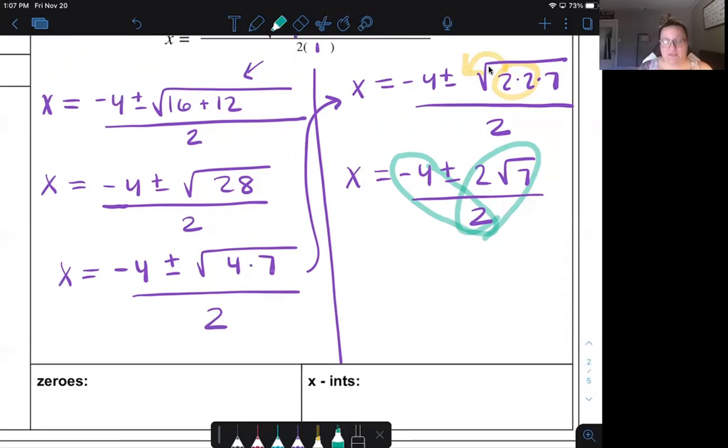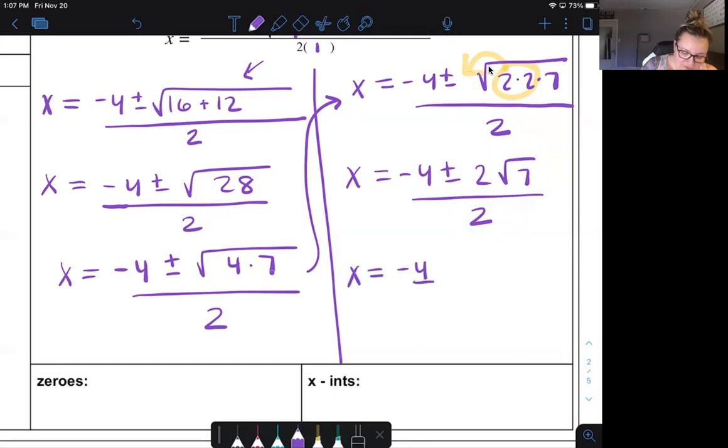So let me show you what this really means. What this really means is that x is equal to -4 over 2 plus or minus 2 root 7 over 2. Well, -4 over 2 becomes -2. 2 root 7 over 2 is just root 7. So that is the most simplified that this solution can get.